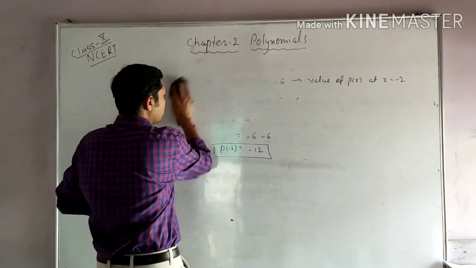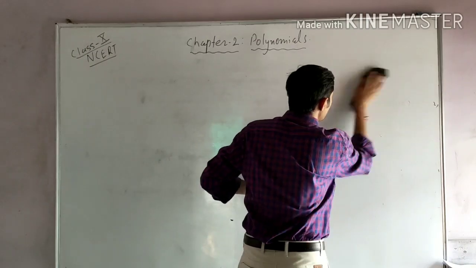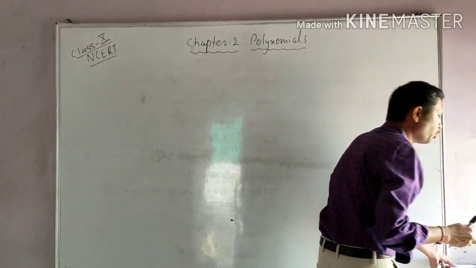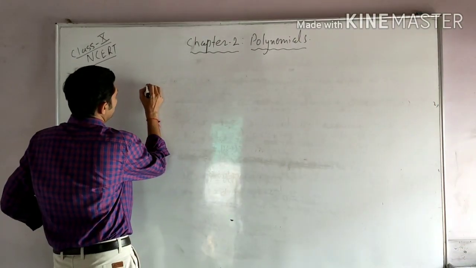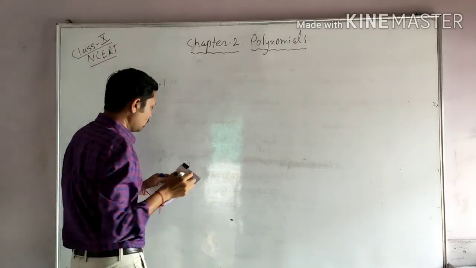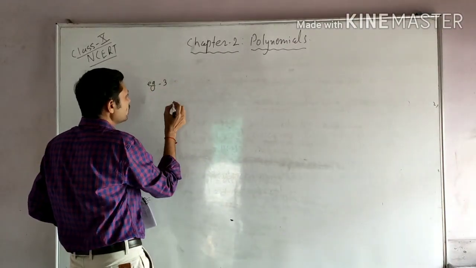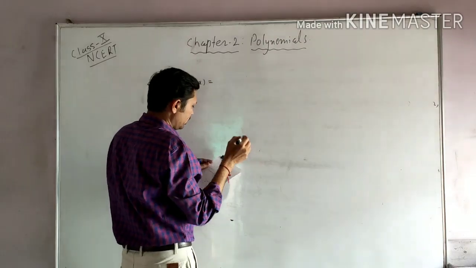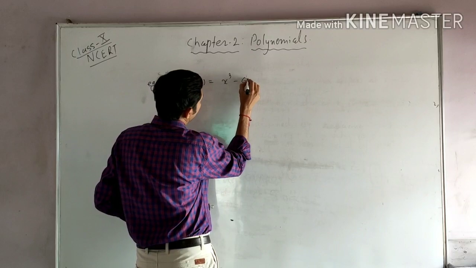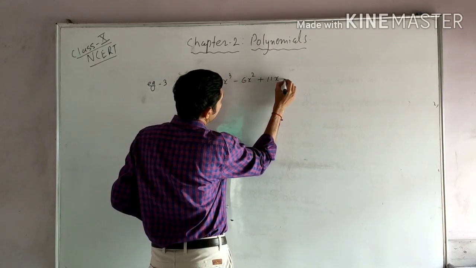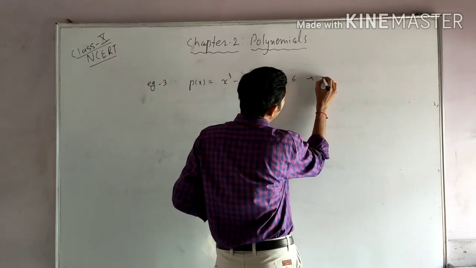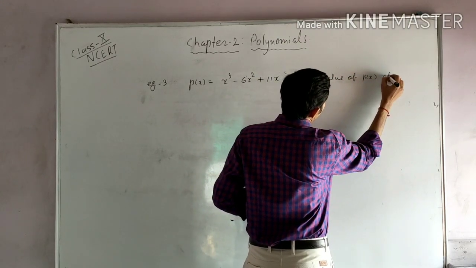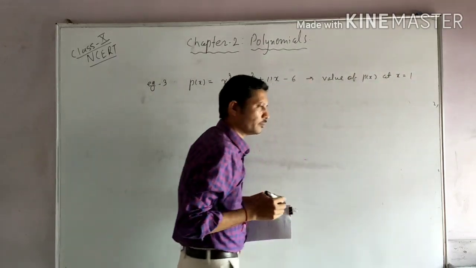Now we are taking a cubic polynomial. Okay, now I am taking one more polynomial, that is x cube minus 6x square plus 11x minus 6, and we want to find out the value of this polynomial at, suppose, x is equal to 1.